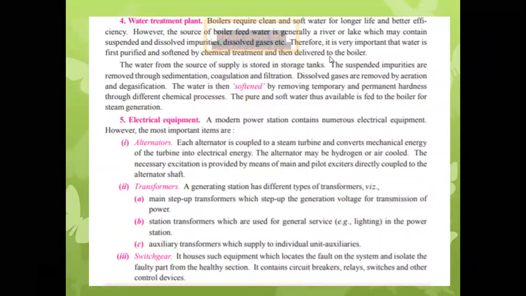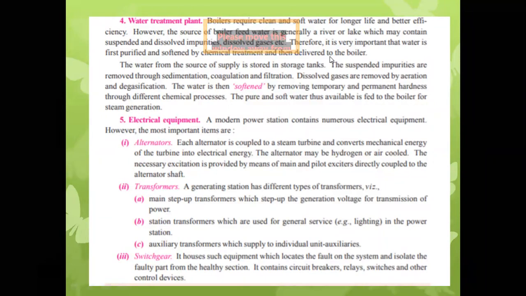However, the most important items are the alternators. The alternator is driven by a prime mover or turbine, and it produces electrical energy at 11 kV and 50 hertz.